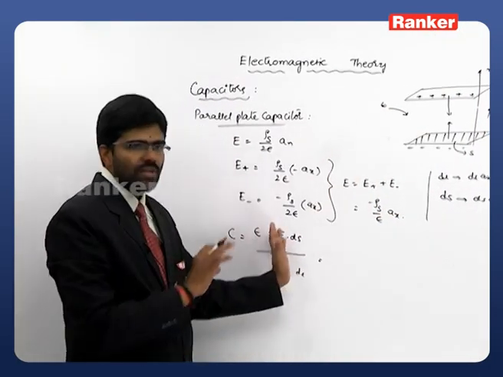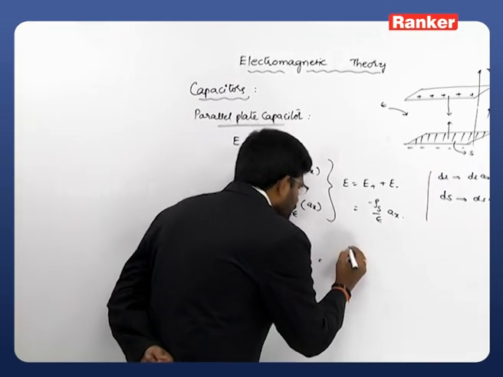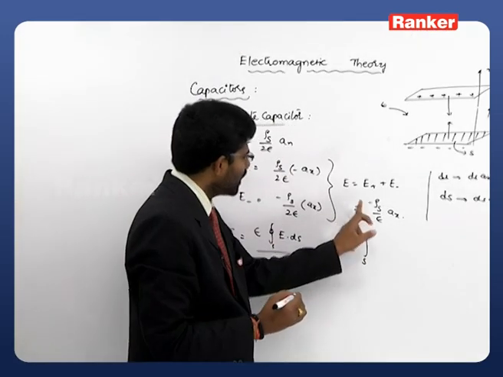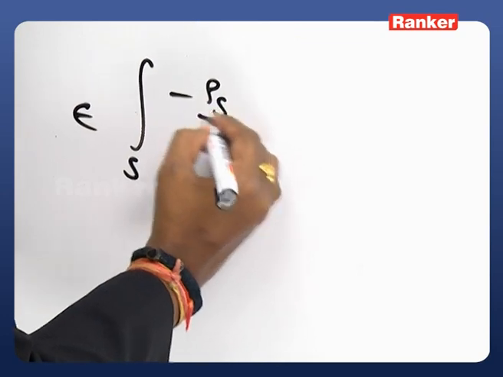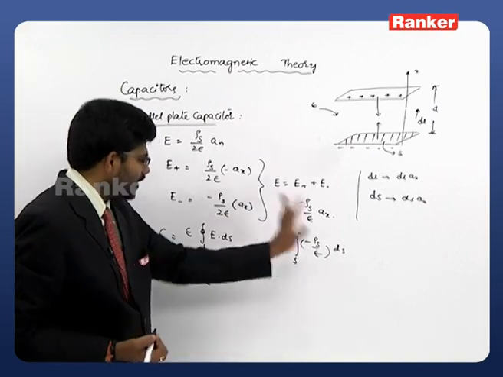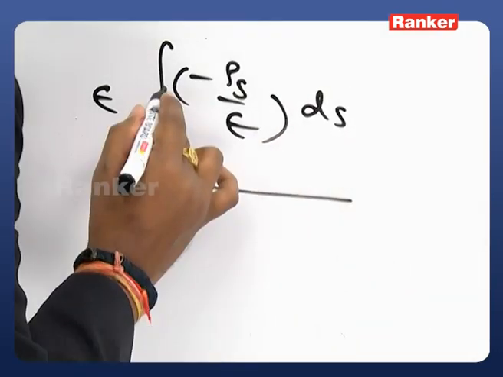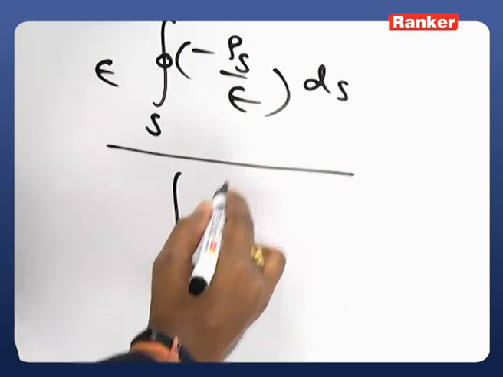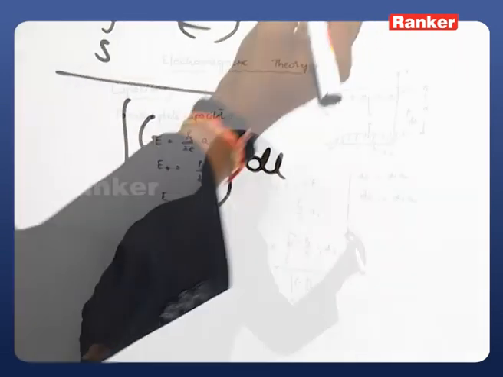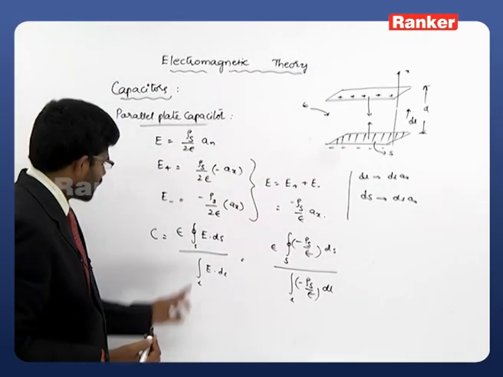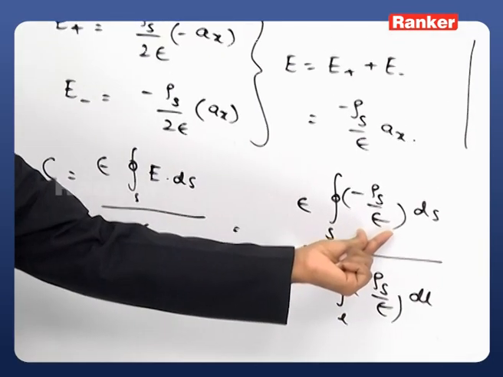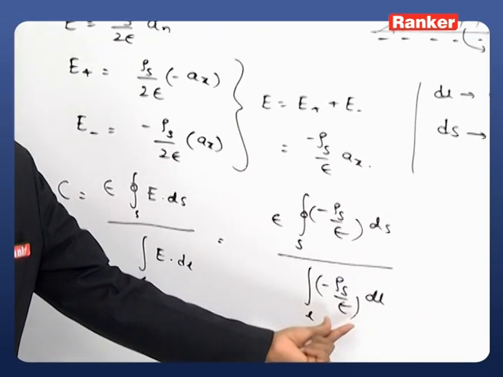So directly I am writing the equation: epsilon, surface integral of, instead of E ds, I write minus rho s by epsilon ds, since E dot ds is E ds, divided by a line integral of E dl, which is minus rho s by epsilon dl. Clearly observe this rho s is uniformly distributed charge and it is a homogeneous medium.